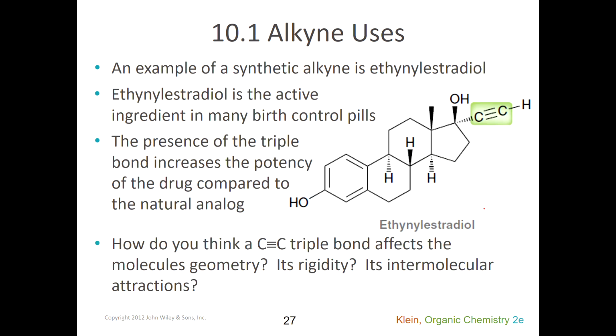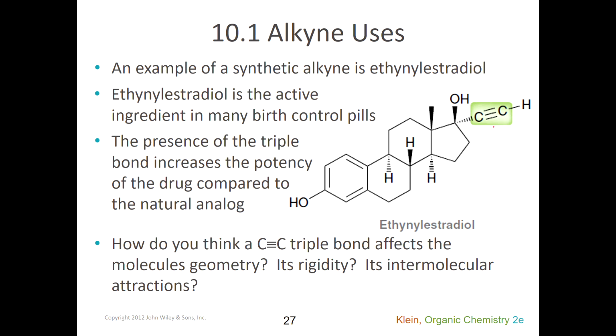So there's another example of an alkyne in a structure. Ethynyl estradiol is a common component of some birth control pills, and the presence of the alkyne group there affects the structure.